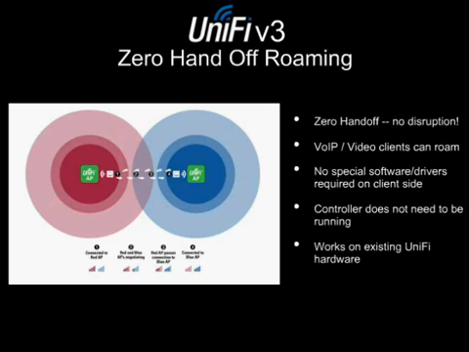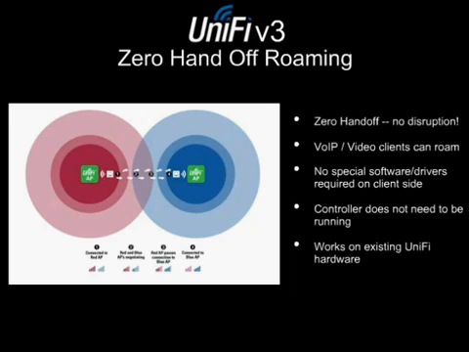In that case, what zero handoff roaming does is enable the connection from the mobile device to the access point to be seamlessly handed off between access points as you move between coverage zones. Jerry, you want to talk a little bit about zero handoff roaming and why it's so valuable?